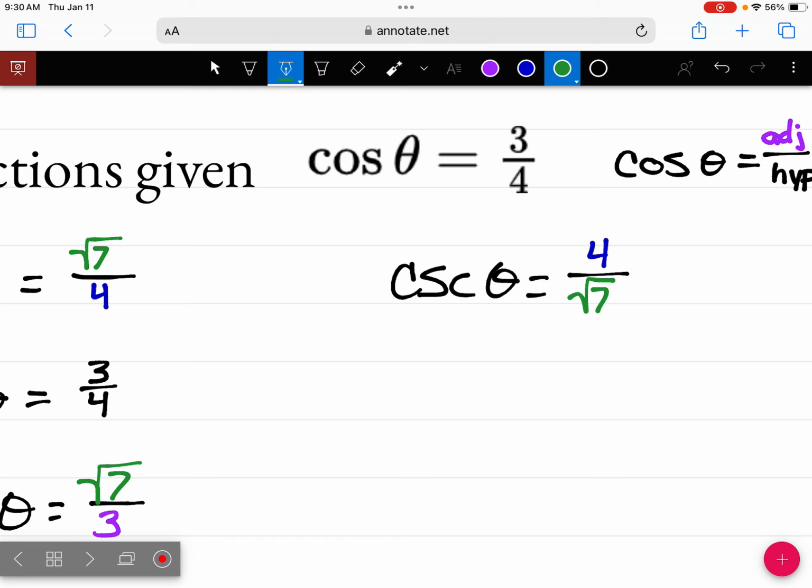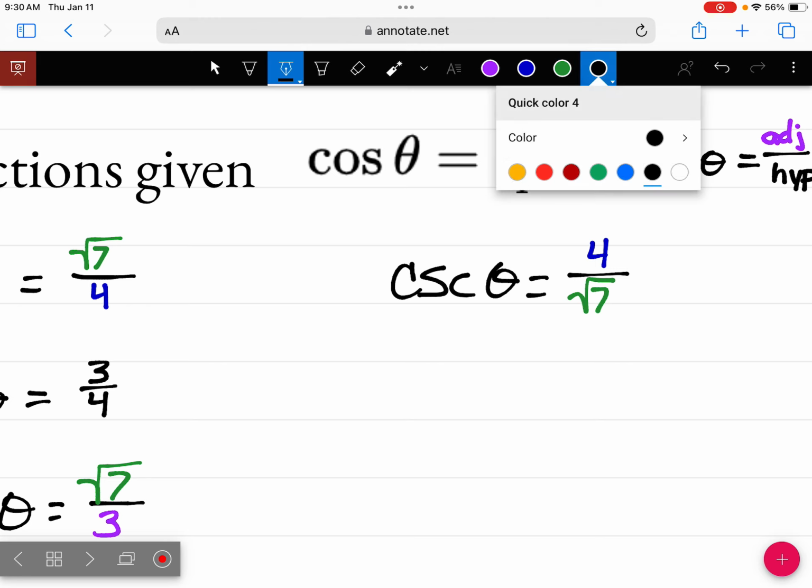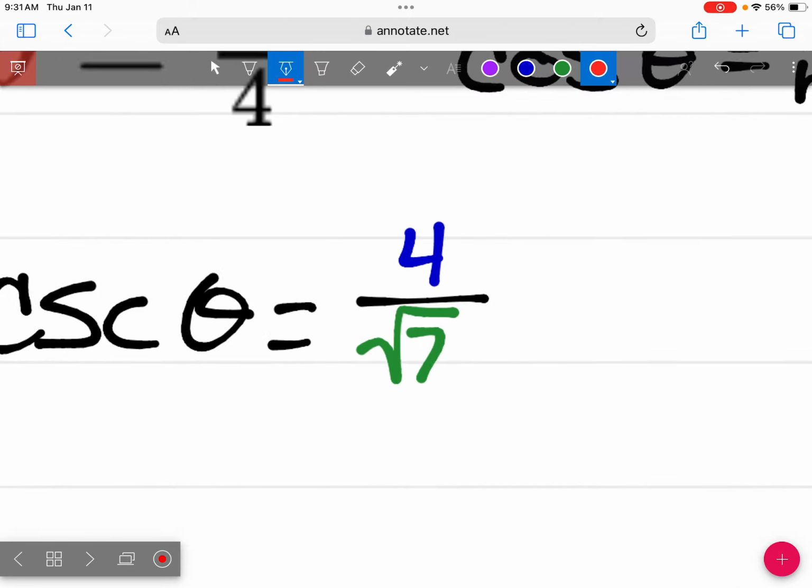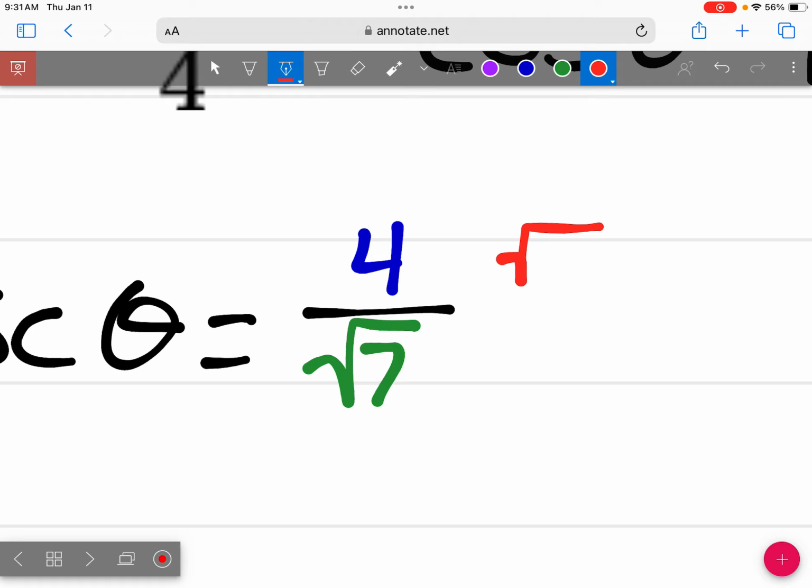If we were still in algebra 2, that would be a totally acceptable answer. But we rationalize our denominators here. So what do I need to do to get the square root out of my denominator? Multiply by square root of 7 over square root of 7, so that we don't have any radicals in our denominator. I'm multiplying it by 1. It's just a really weird looking 1.